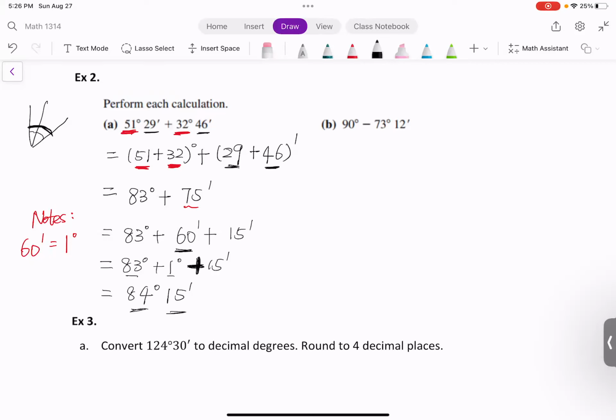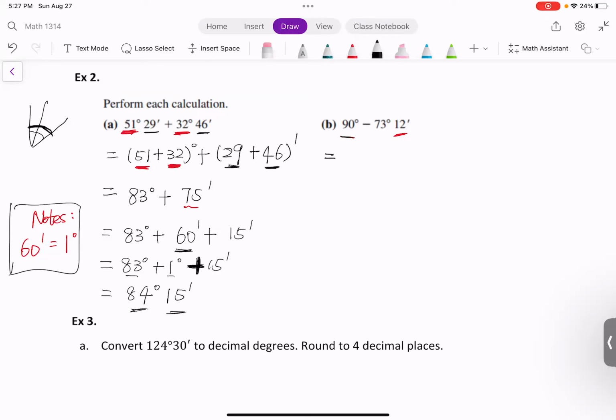How about the next one? Do the subtraction between two angles. So degree minus degree and minutes minus minutes. Let's see. The first number doesn't have minutes, but the second angle has minutes. How should I subtract the second minutes from the first minutes? I can borrow one, because here, the notes say 60 minutes equals 1 degree.